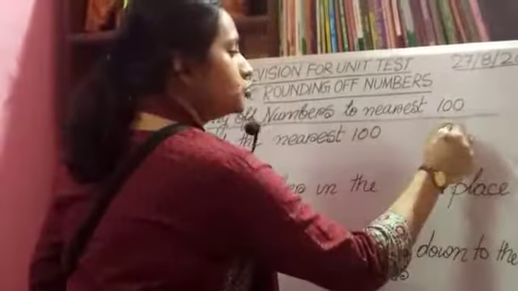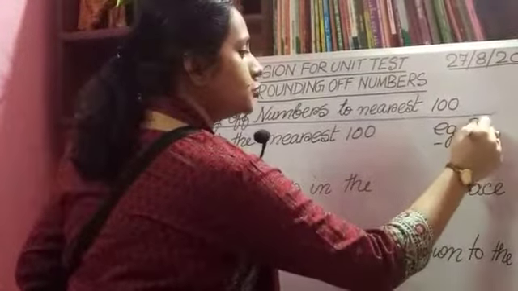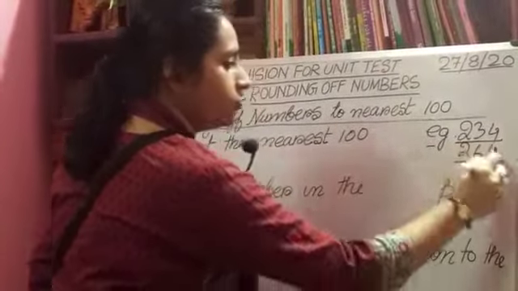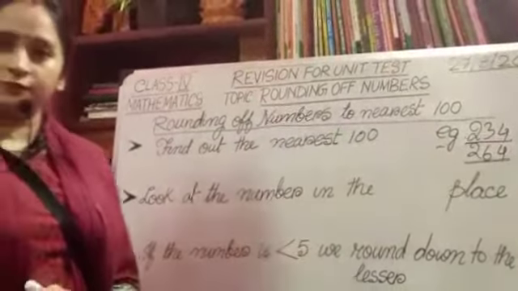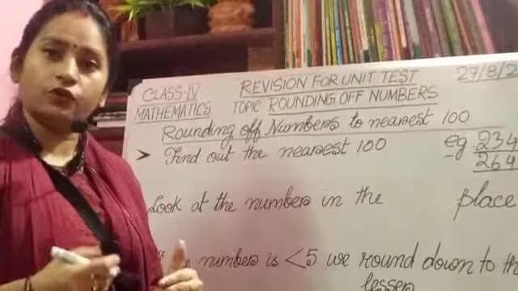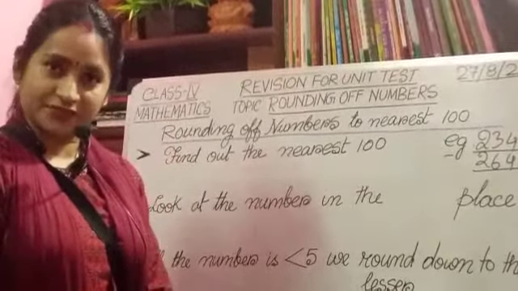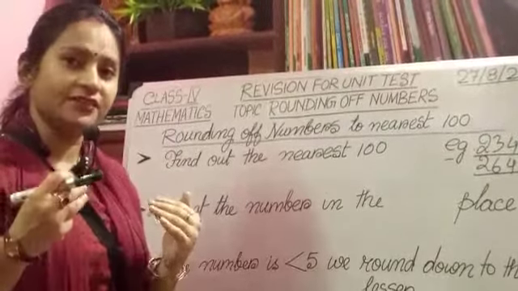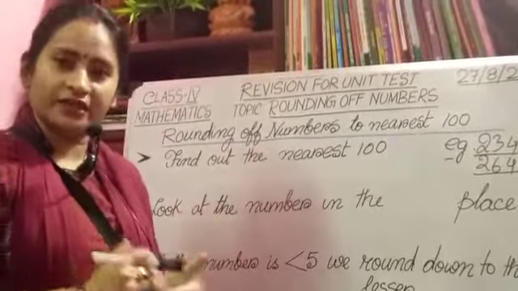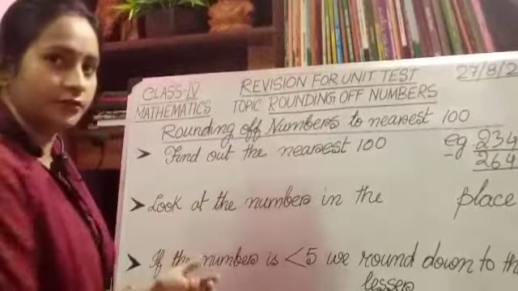I'm taking two numbers, children: 234 and 264. Now to round off numbers to their nearest hundreds, you have to follow 4 basic steps that will be very convenient for you and you will be able to get the answer very easily. What are the 4 basic steps?